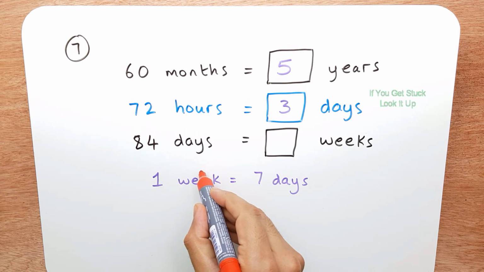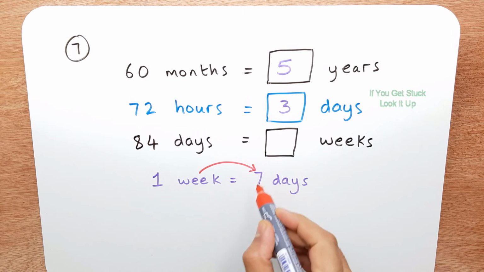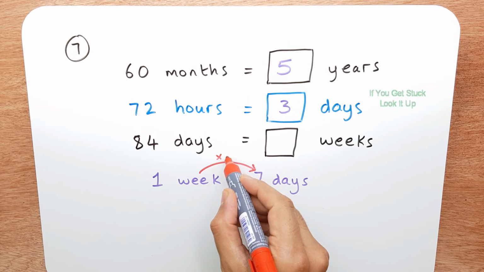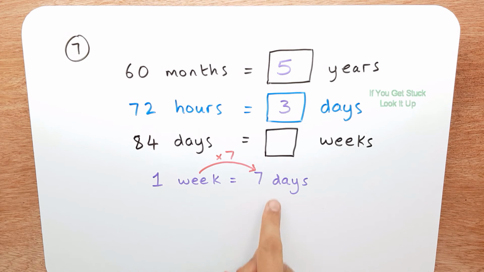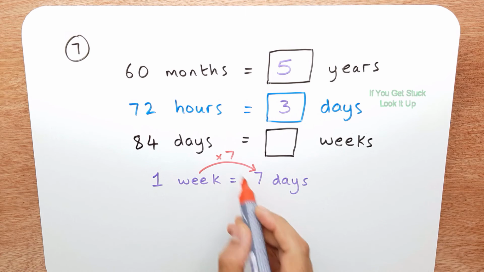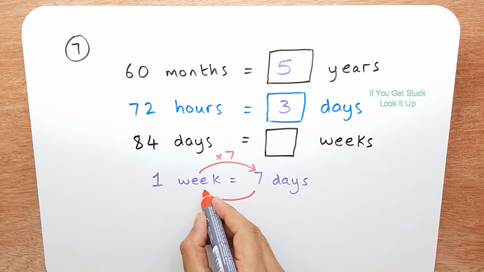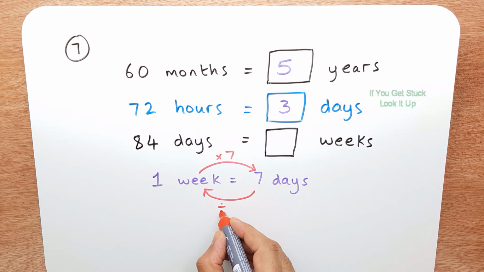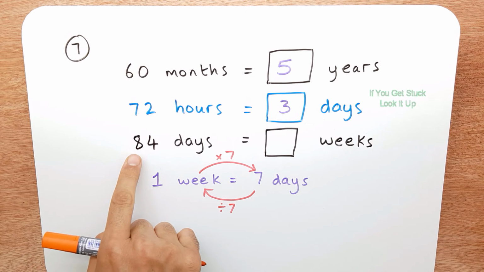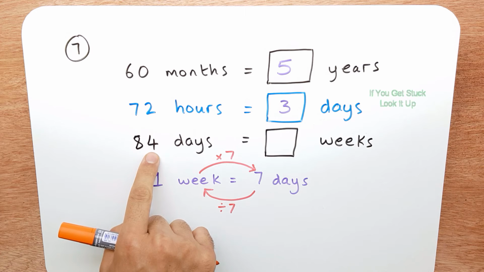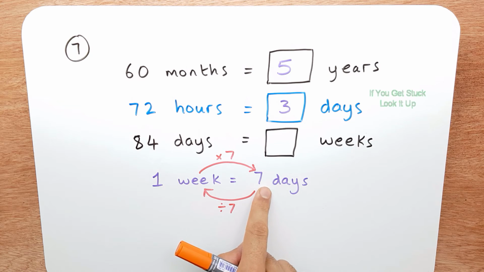So if I want to go from a week to days, I multiply by 7. And if I go from days to a week, I do the opposite of times 7, which is divide by 7. So my calculation is 84 divided by 7.